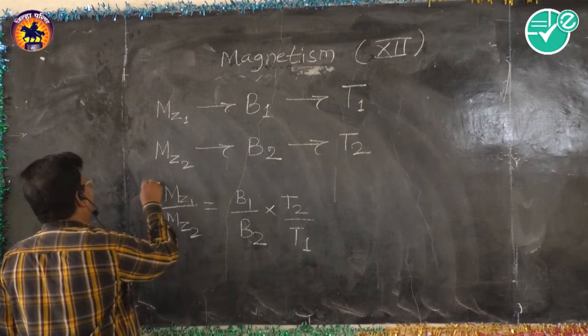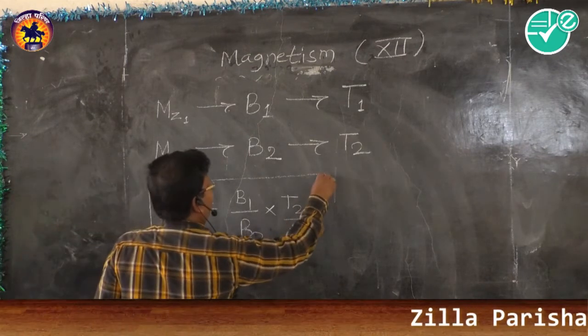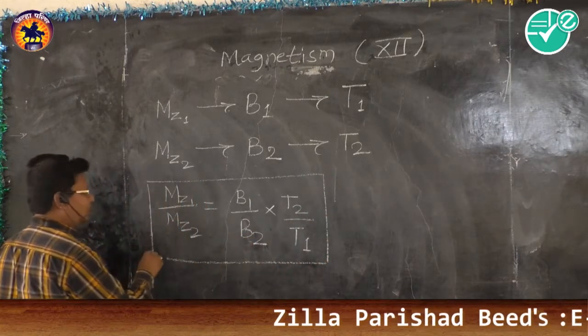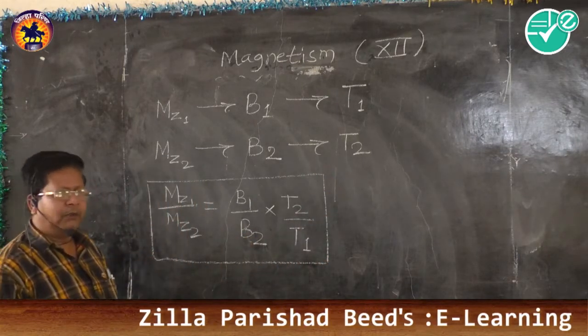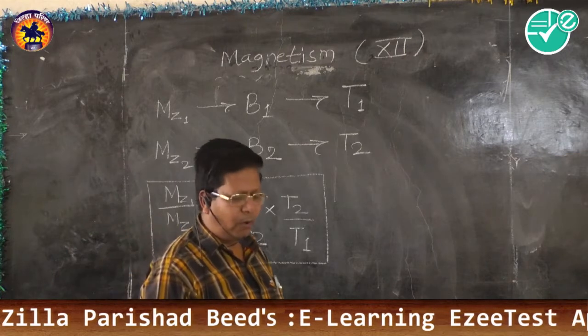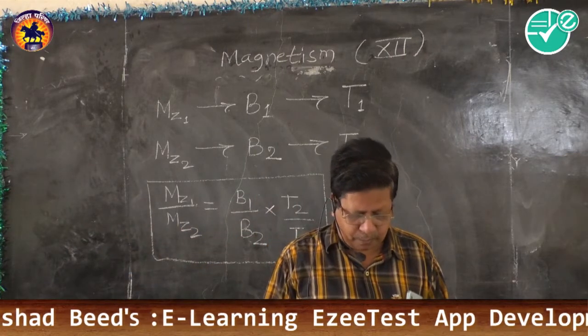So this new formula can be utilized for solving numericals based on Curie's law.